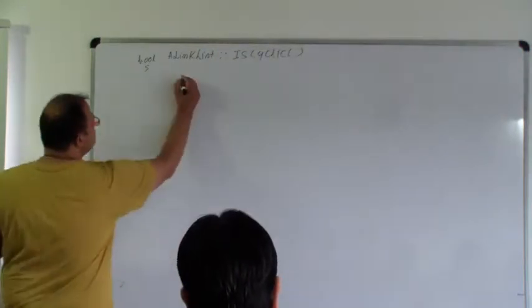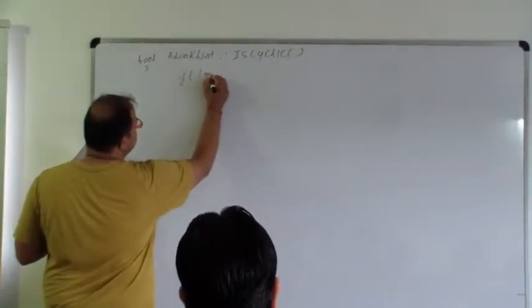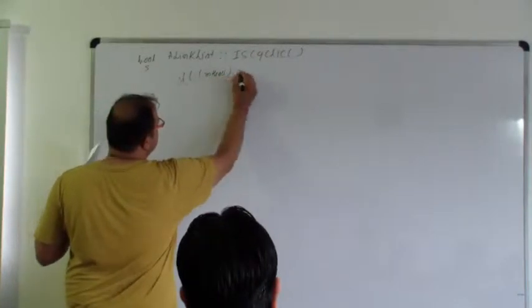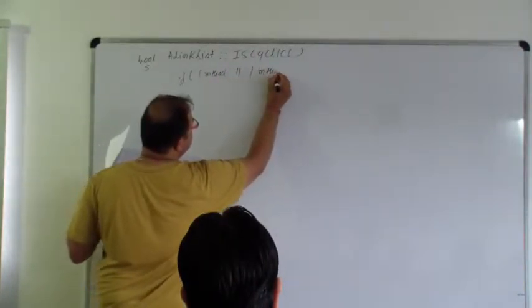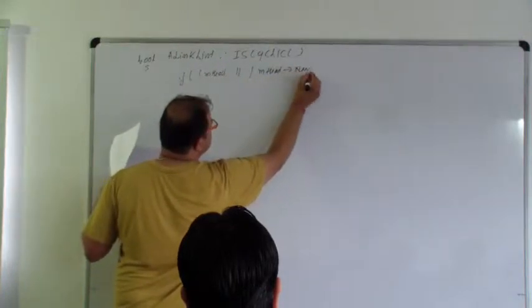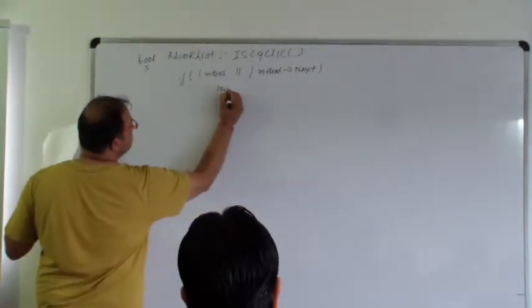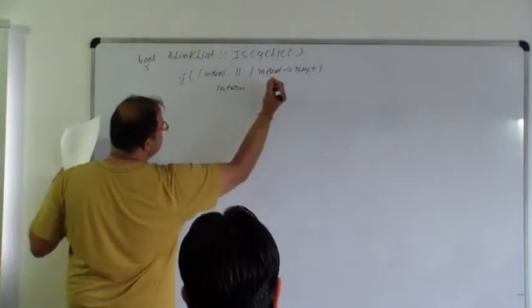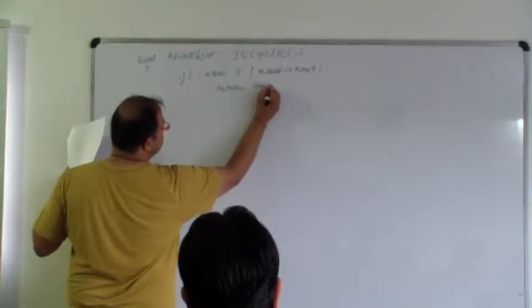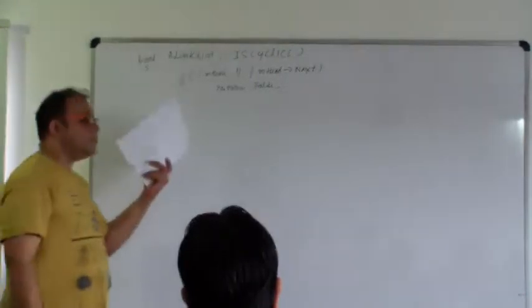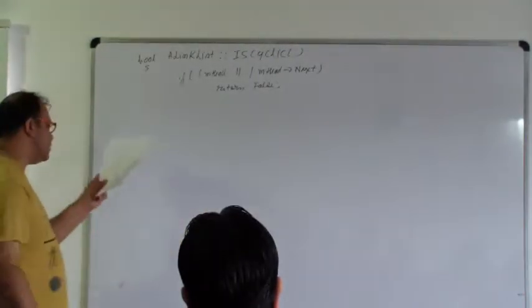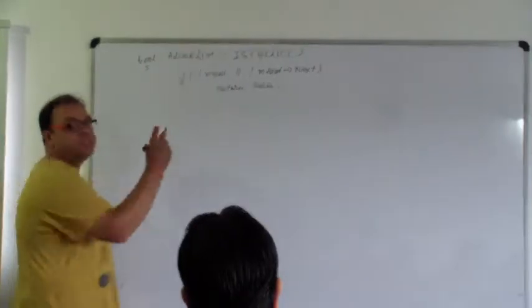We'll check if not m head or not m head arrow next, then return false. If it is null, maybe you can ask your interviewer, but that's a trivial thing. Otherwise, we define 2 pointers.